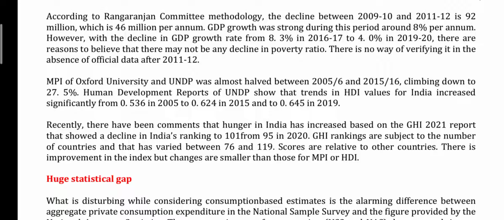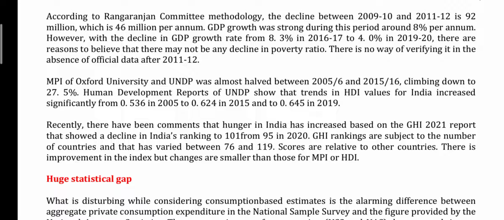However, there was a decline in the GDP growth rate from 8.3% in 2016-17 to 4.0% in 2019-20. There are reasons to believe that there may not be any decline in poverty ratio. There is no way of verifying it in the absence of official data after 2011-12.